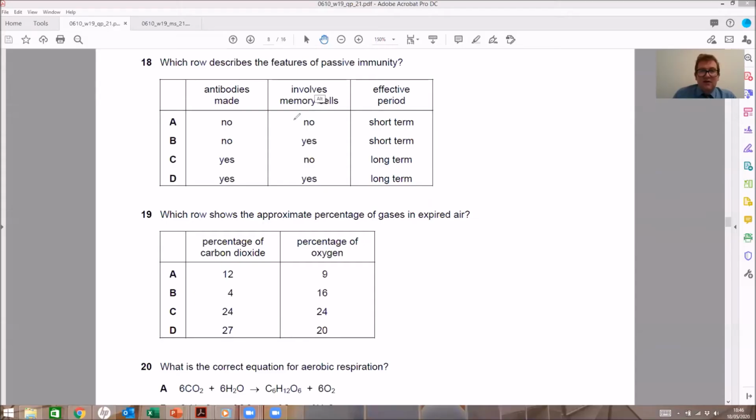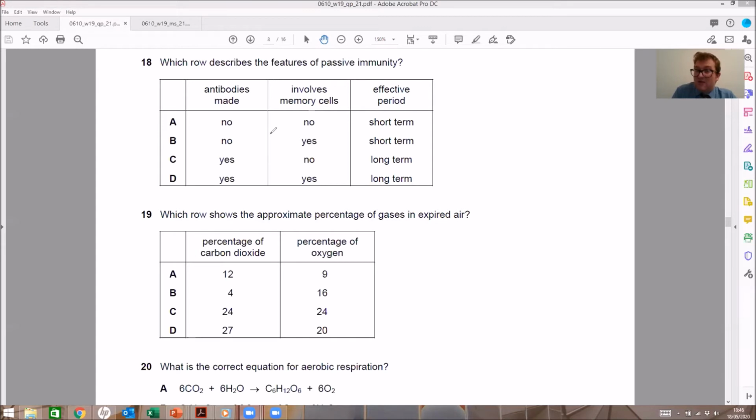Okay, let's look at question 18. Remember what passive immunity is. This is an example of where the mother's memory cells will be passing antibodies to a child.